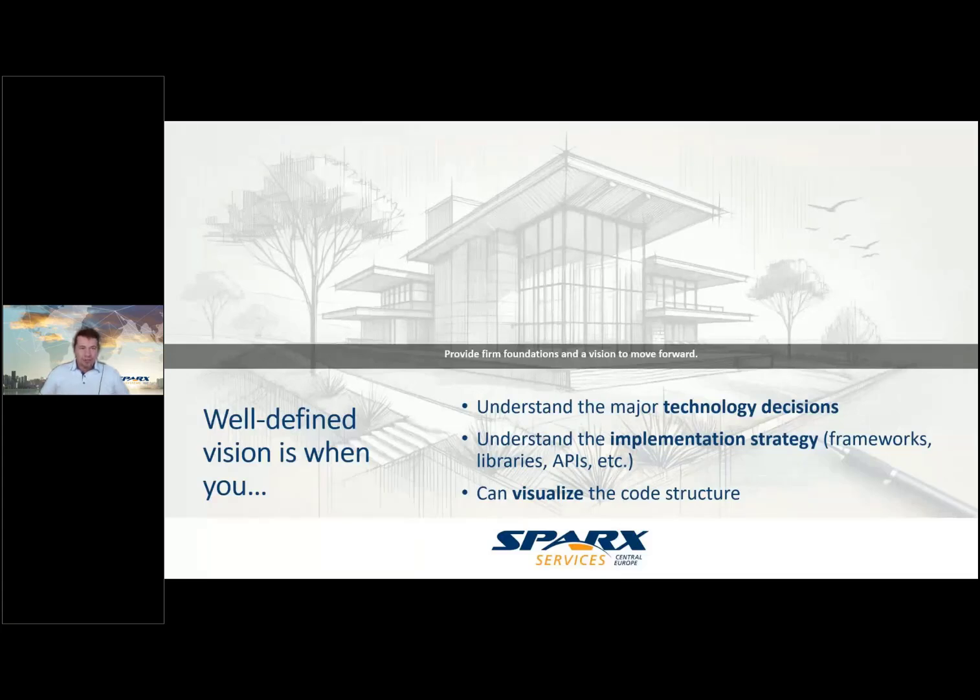Okay, so also major technology decisions ideally assigned to the concrete building blocks, and also the implementation strategy. That's one of the goals of architecture: if you do it right, then you can visualize the structure of the code.